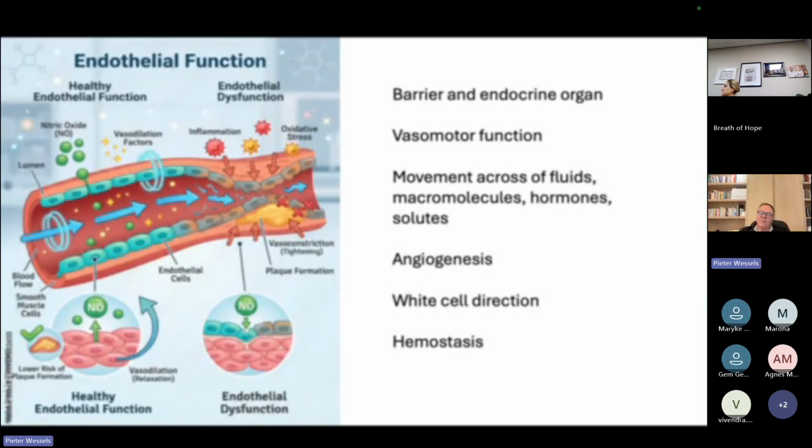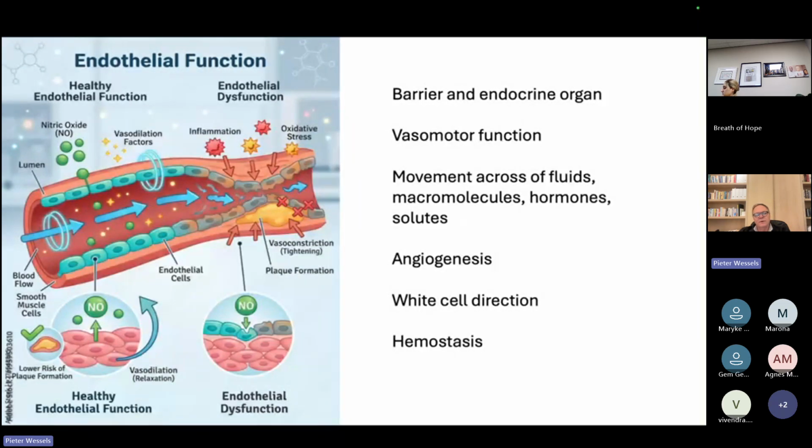So most of the time, if we're relaxed and we are in a normal state, and there's no trouble, and we haven't got underlying inflammation, etc., that endothelial cell is really in a state of relaxation, and it's got an anticoagulant effect.